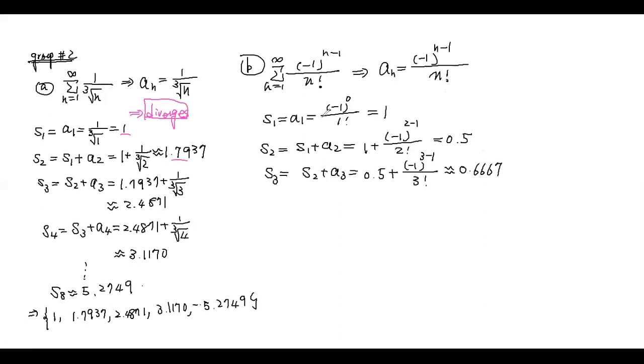Let's take a look at one more. S4 is S3 plus A4, so it's 0.6667 plus A4, which is 1 over 4 factorial, -1 to the 4 minus 1, so S4 is equal to 0.625.